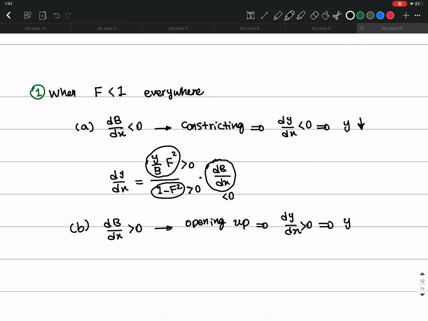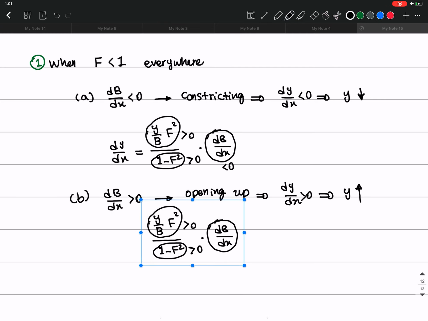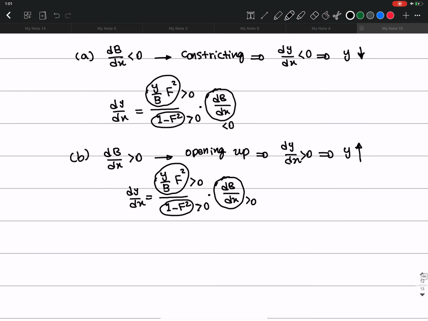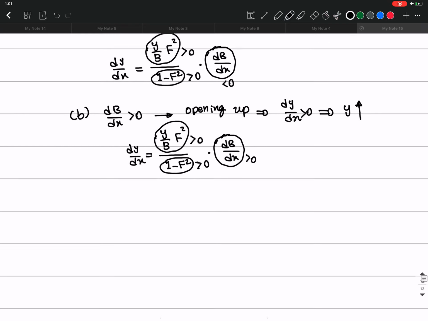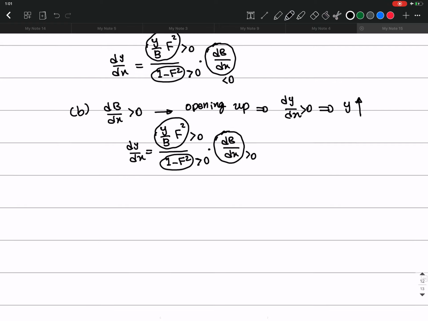Okay? So this means that the depth is going to increase, y is going to increase with respect to x. Okay? So what happens is as follows.